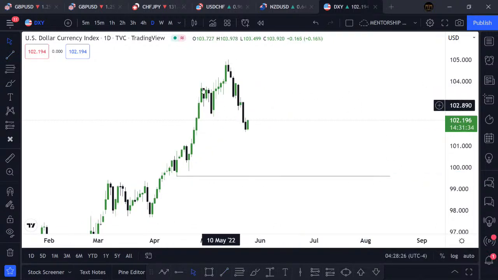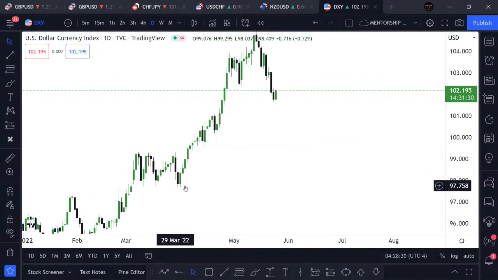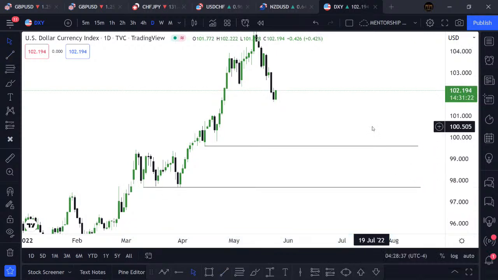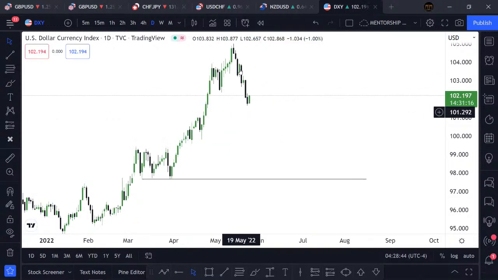We want to see at least a trade below these lows here. Now I'm on a daily chart. This will not happen in 24 hours. It won't happen today or tomorrow, but it can take some good time for this to drop to this level here.